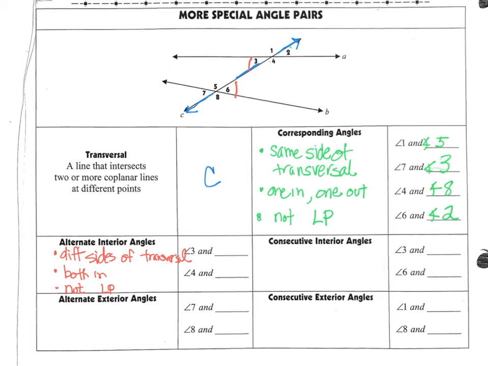And so that would be angle 3 and angle 6. Our next set is, if we look at angle 4, the alternate interior to angle 4 would be angle 5.